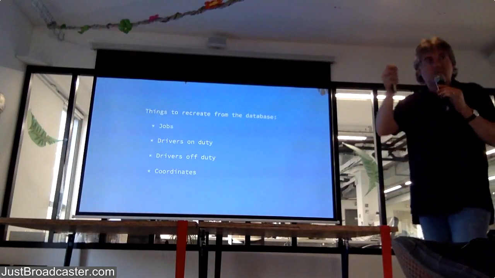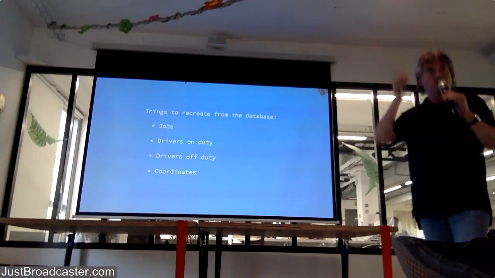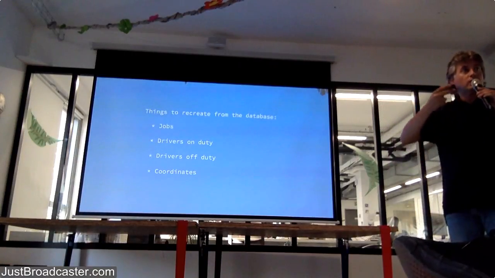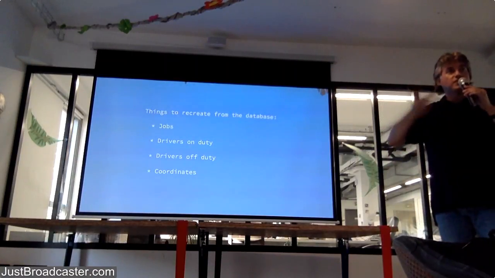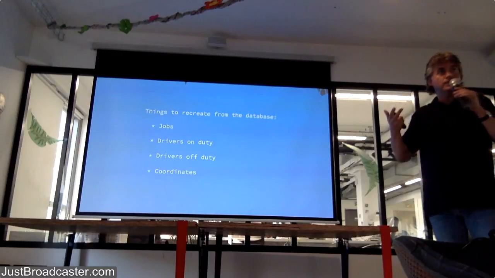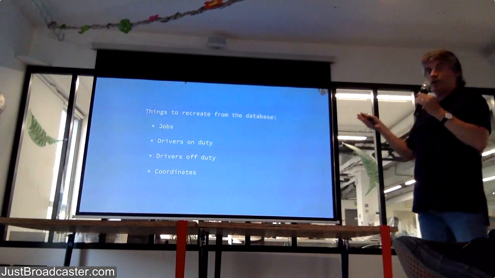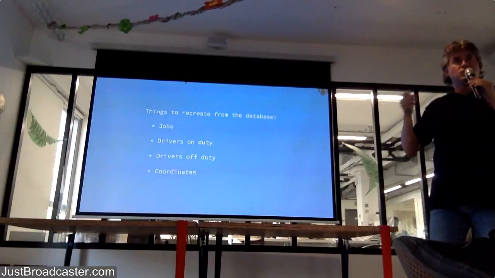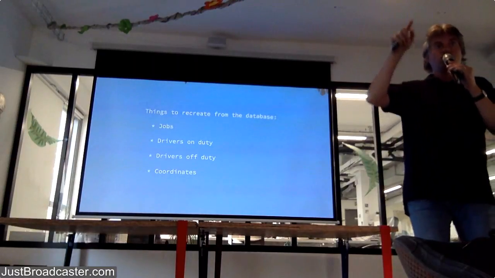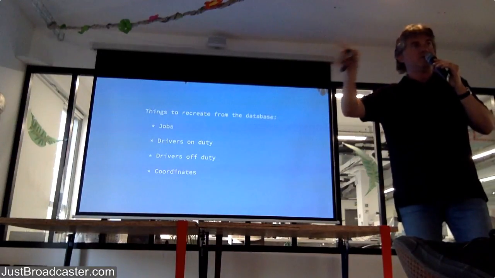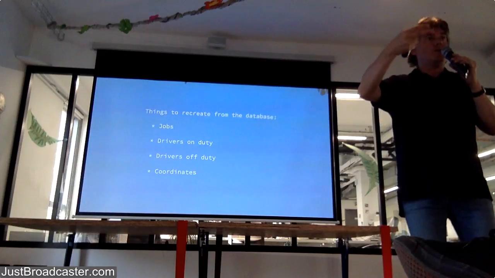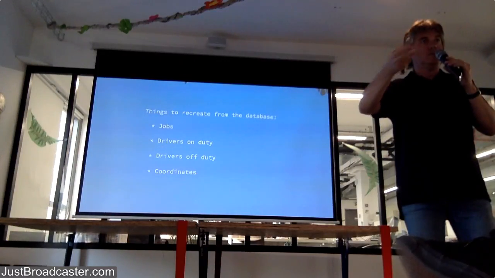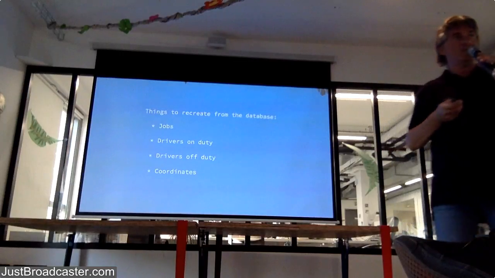When drivers started working, when drivers stopped working, so which people does the system have available at some point in time, and finally coordinates for all these things. So a job is created for which origin, at which point, which destination, drivers start working, where are they situated, so you can put them on a map or whatever.